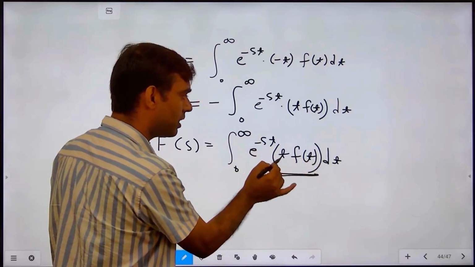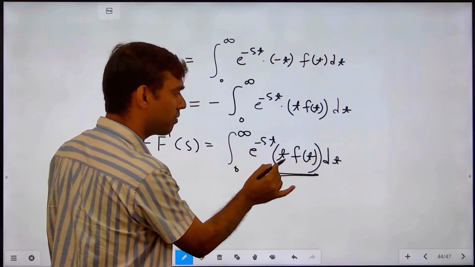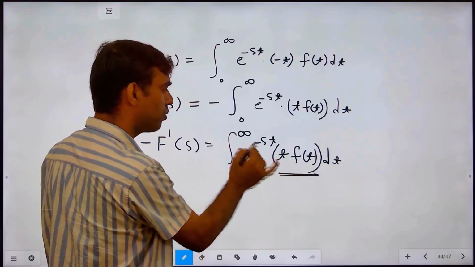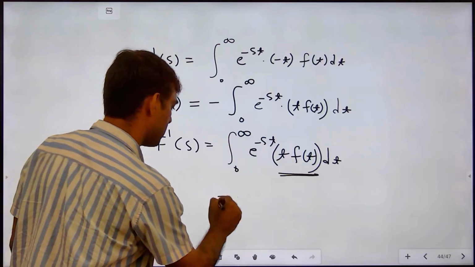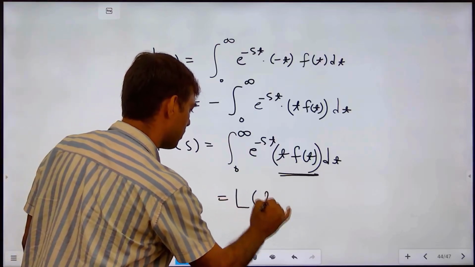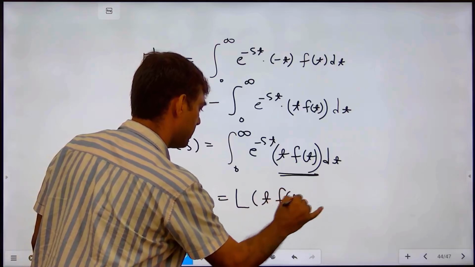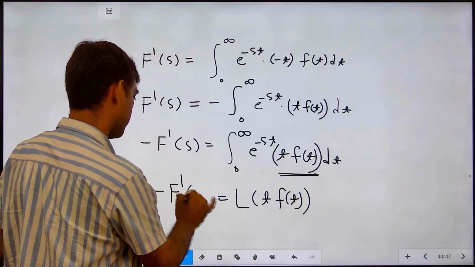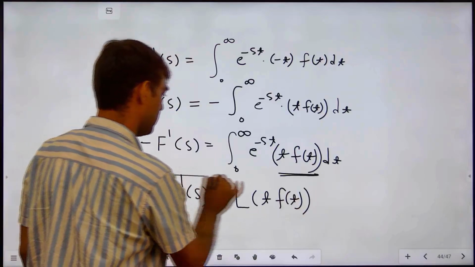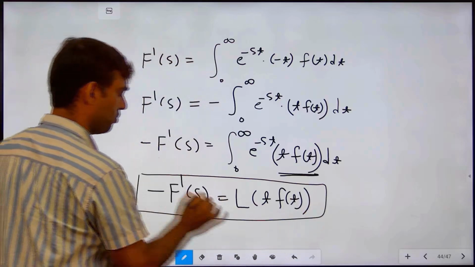Here g(t) is t into f(t). So the Laplace transform of t into f(t) equals minus F dash s. So, this is proved.